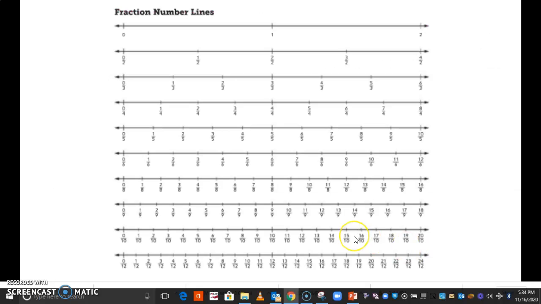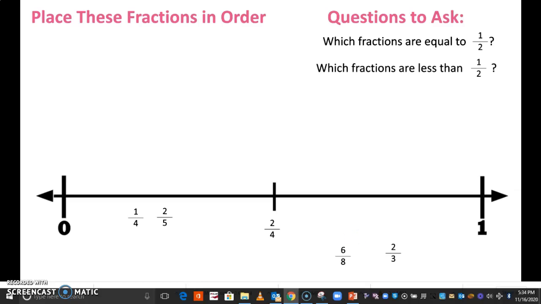Okay, but just to double check, let's look at our number line. 2/5 and 1/4. Okay, 1/4 is going to come before 2/5. So when I move them over here in my number line, that doesn't have to be exactly where we think it is.